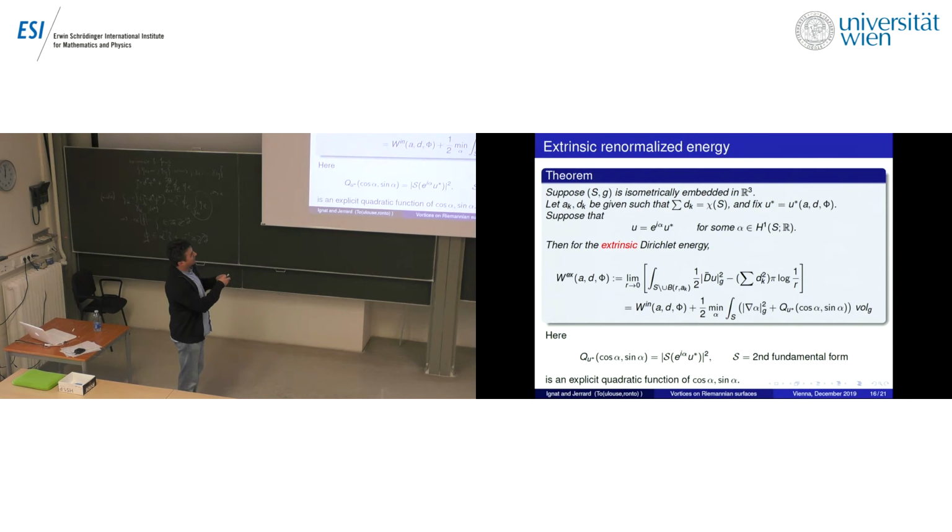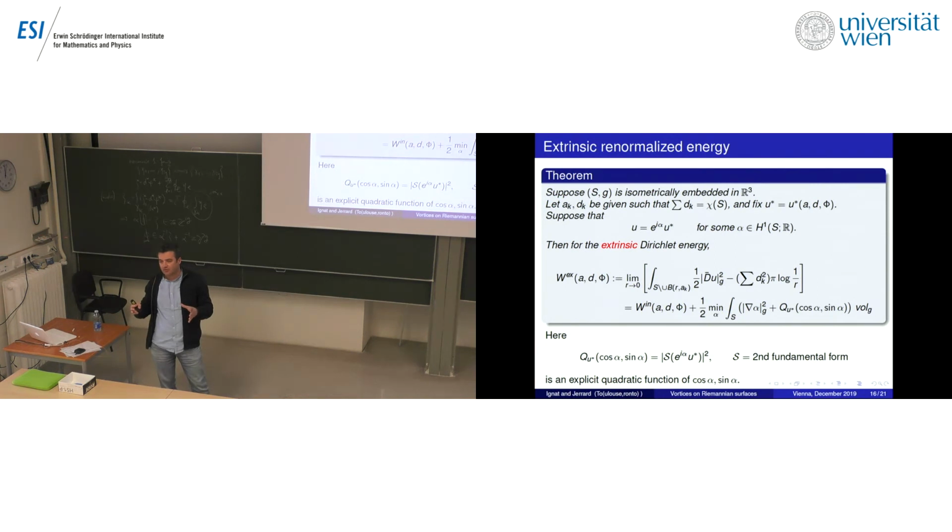This phi is a smooth function, and when you do the computation in this case, you will see that this is nothing but the Dirichlet energy of this, plus the Dirichlet energy of this, plus the shape operator, plus some small terms. So you just need to minimize this nonlinear problem in order to find the optimal rotation with respect to that one.